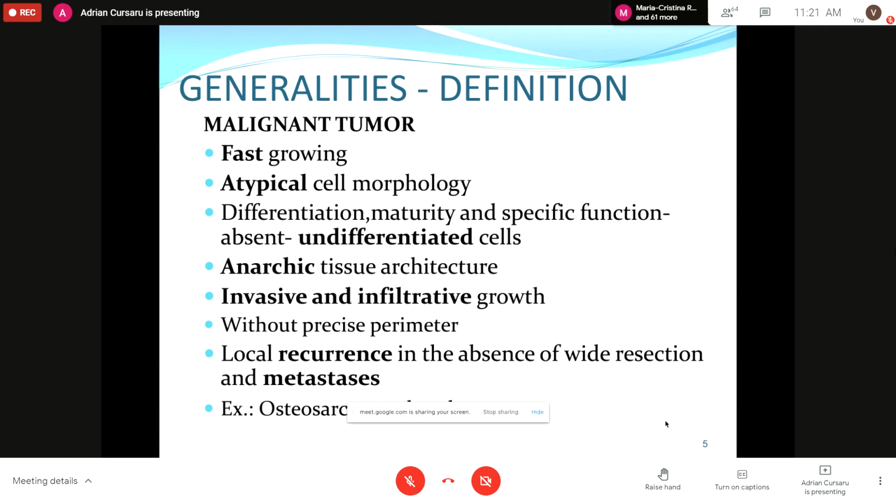We have an archaic tissue architecture, and that's specific for the malignant tumor. It is invasive and infiltrative growth, with no capsule. It is infiltrative, it goes into the soft tissues, it expands in all tissues between the bone. Local recurrence in the absence of wide resection and metastasis are the rule for the malignant tumor in comparison with the benign tumors.